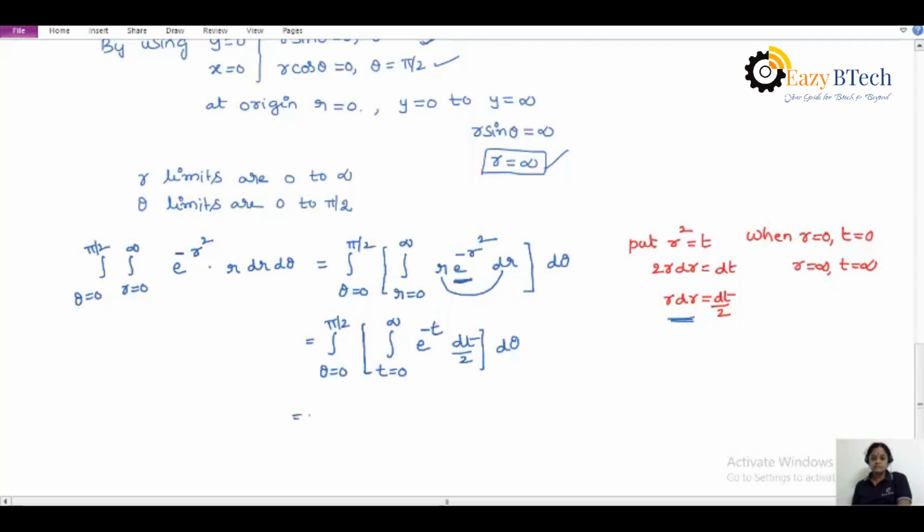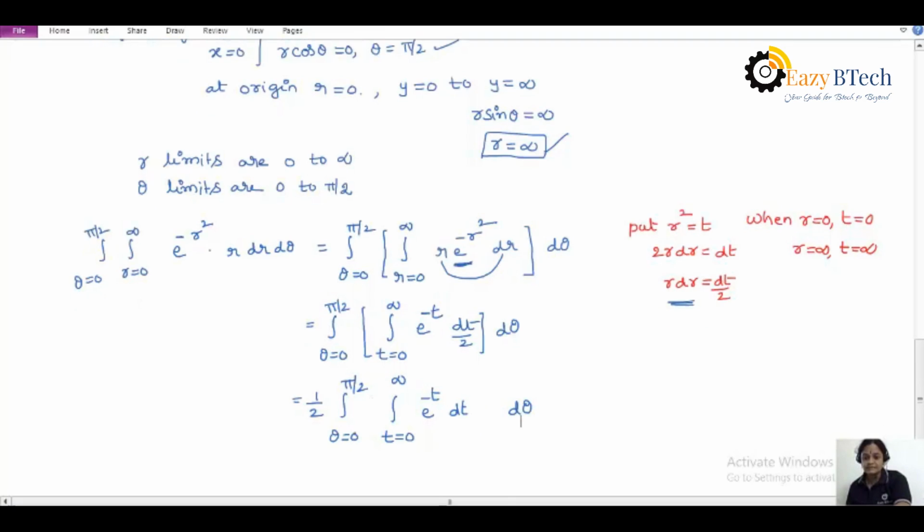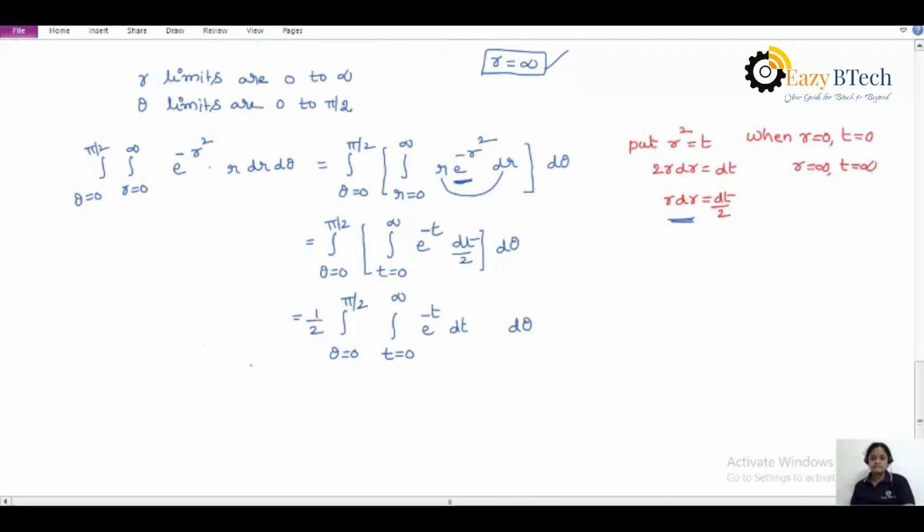Taking 1 by 2 common, integral theta is equal to 0 to pi by 2, and integral t is equal to 0 to infinity e power minus t dt d theta. Now integration with respect to t: e power minus t integration gives 1 by 2 integral theta 0 to pi by 2 of e power minus t by minus 1, from 0 to infinity, d theta.